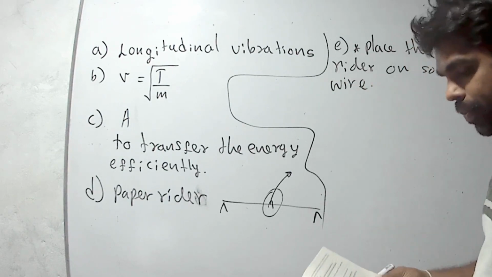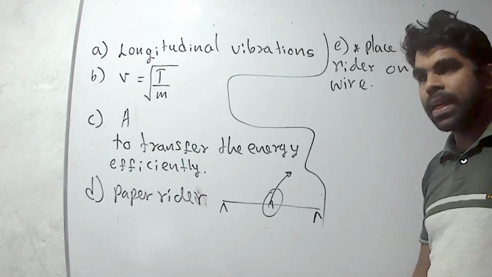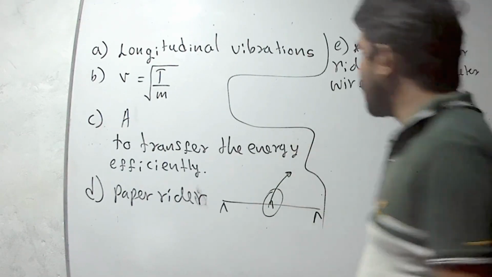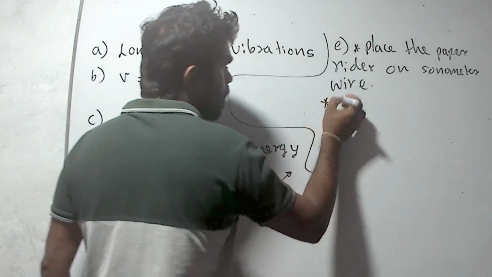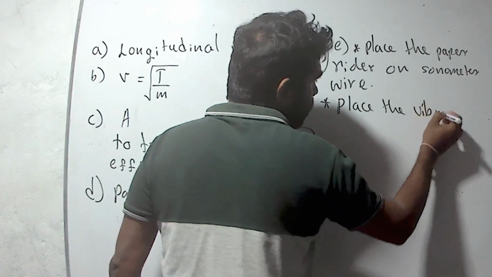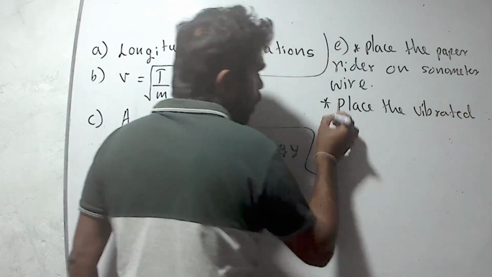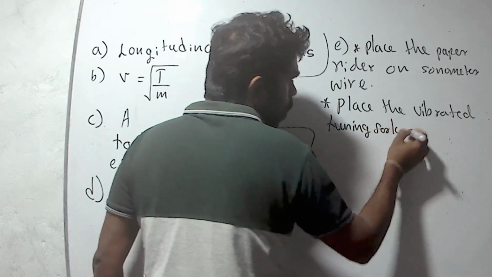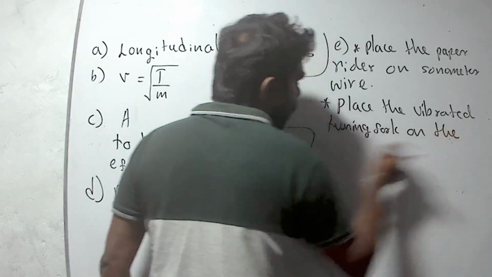Then we have to place the vibrating tuning fork on the sonometer box. So the second step is: place the vibrating tuning fork on the sonometer box.